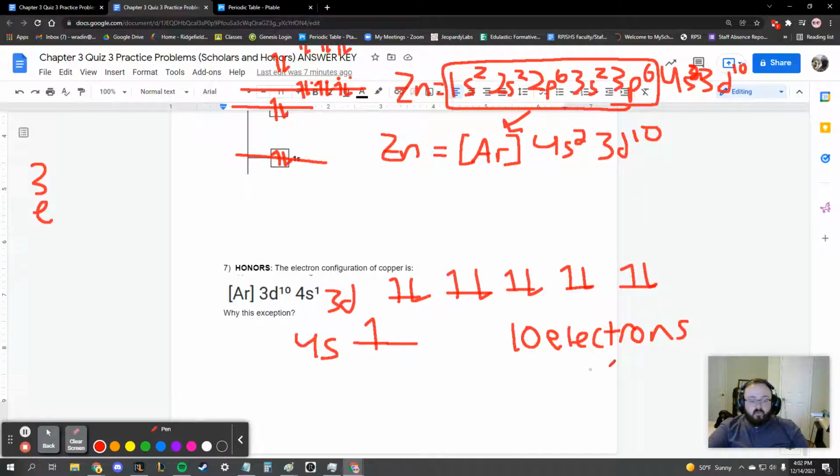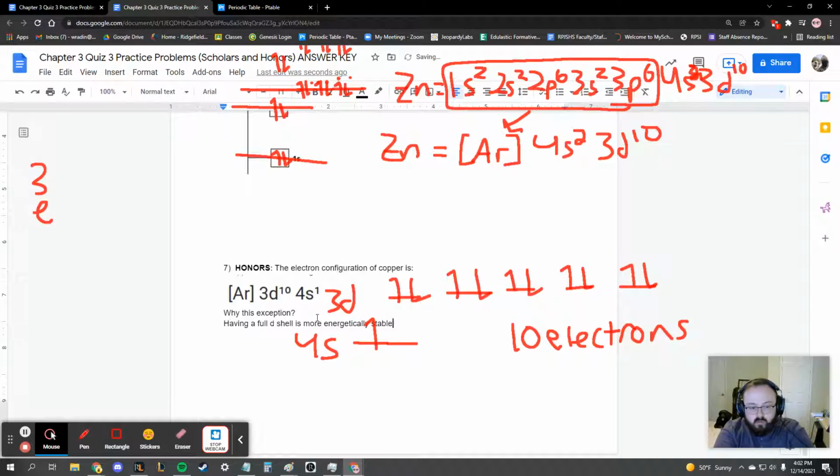I'll actually just type this out here. Why this exception? So having a full D shell is more energetically stable than having a full S shell.